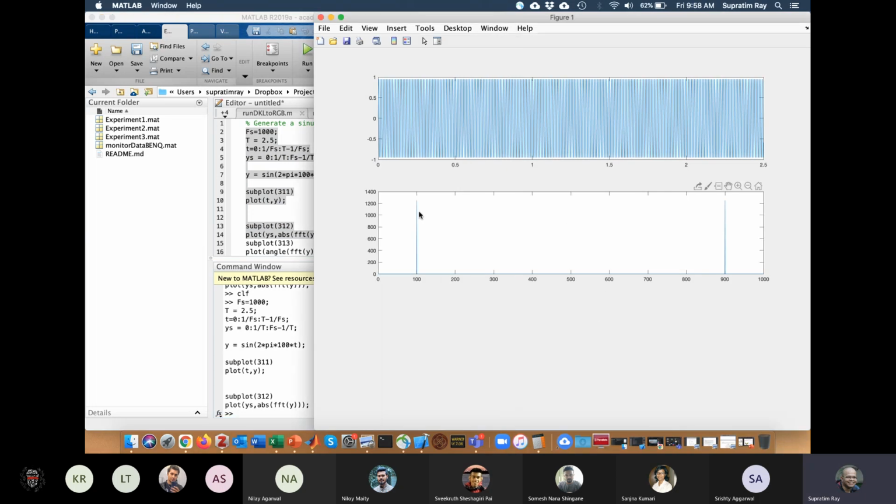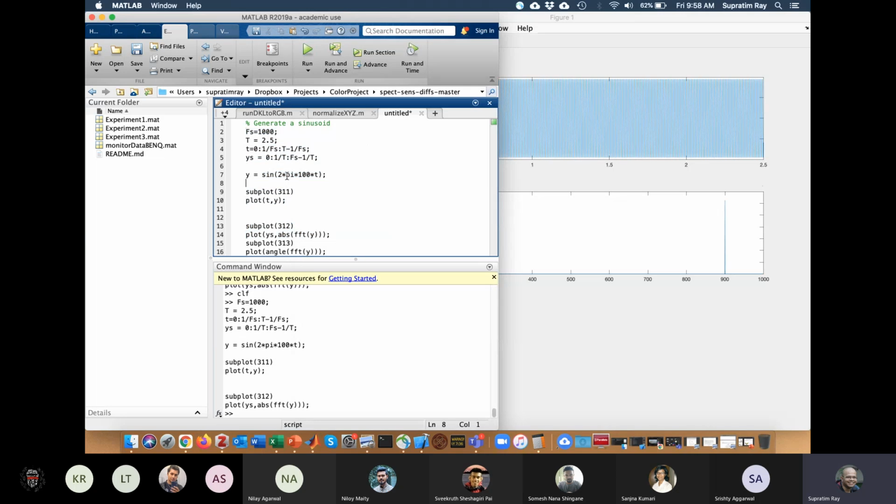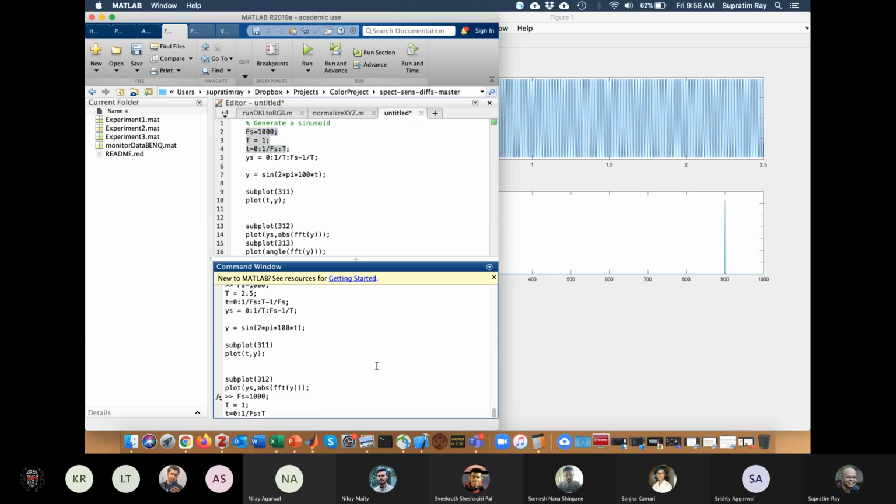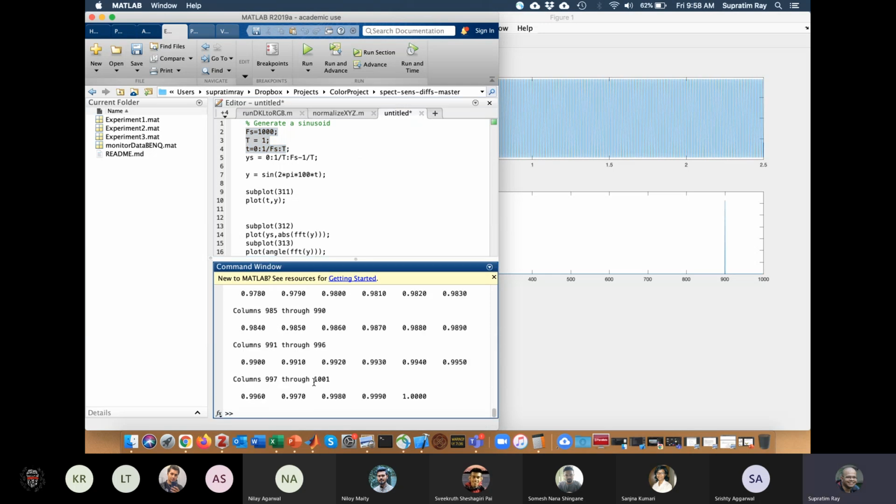And here, I guess 2.5 seconds doesn't change anything. It's still good. Let me do something else. I'll take this as 1 second, but I will remove this little bit here. Okay, now the signal is slightly longer than 1 second, it has 1001 points because I'm also including the 1 second.